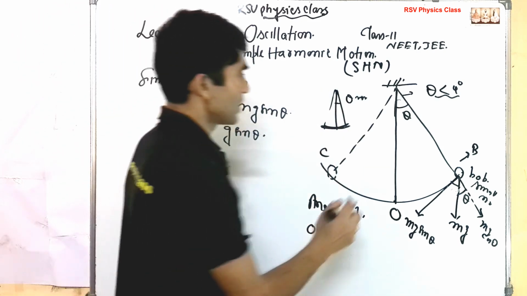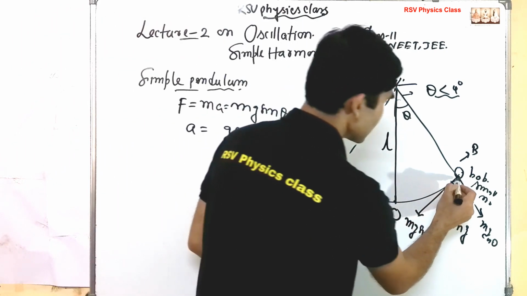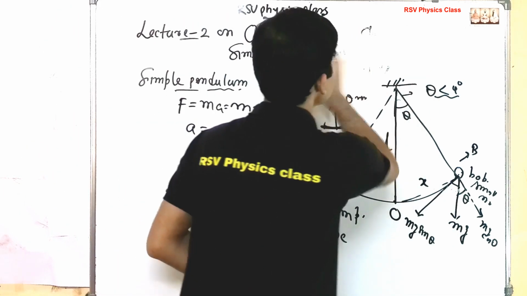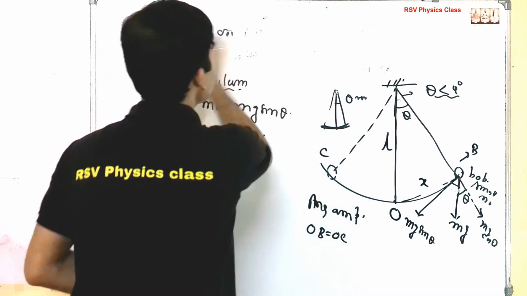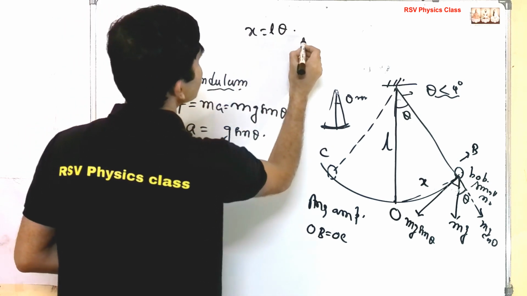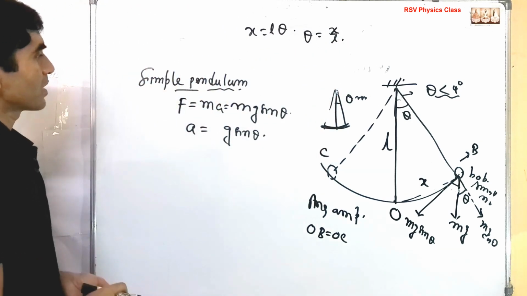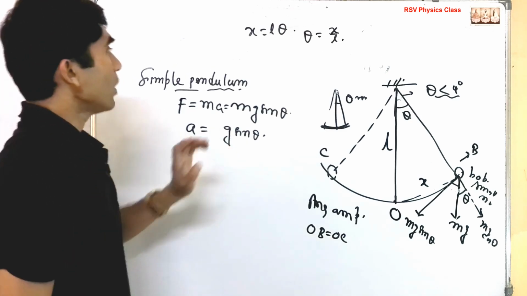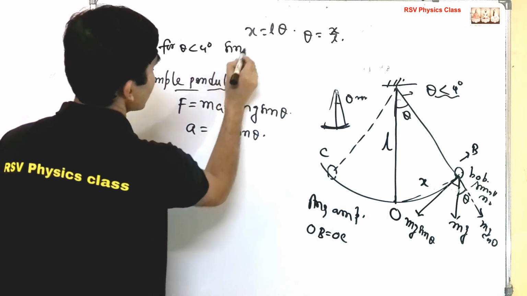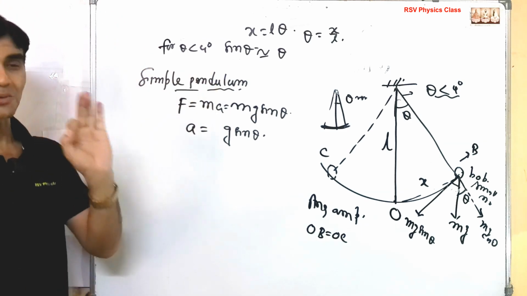In that case, if the length of the string is L, and if this much length is x, then we can write x equal to L into theta. So theta equal to x over L. For the small angle approximation, theta less than 4 degree, you can write sin theta equal to theta. Why this is so, I will explain.